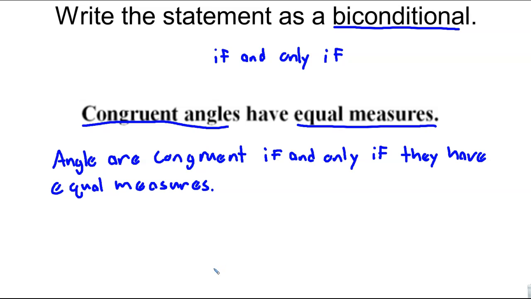Okay, so angles are congruent if and only if they have equal measures. Now with this one, I could have also done it in the opposite order. I could have said angles have equal measure if and only if they are congruent. But we'll stick with the option on the Kahoot and say that's the right answer.